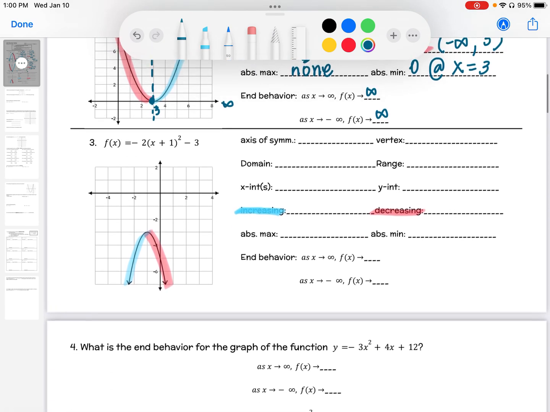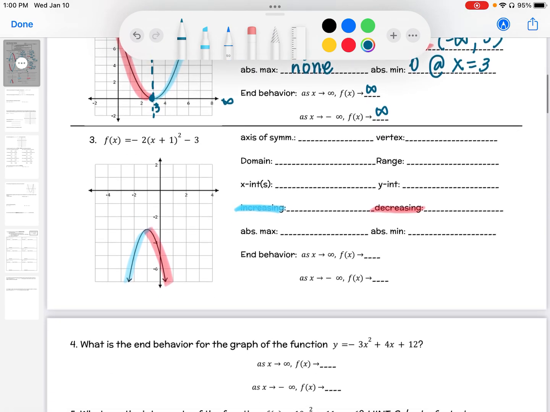All right, axis of symmetry for this next one. Straight down the middle, x is going to equal -1. The vertex is -1, -3. Domain should hopefully be an easy one. -infinity to +infinity.